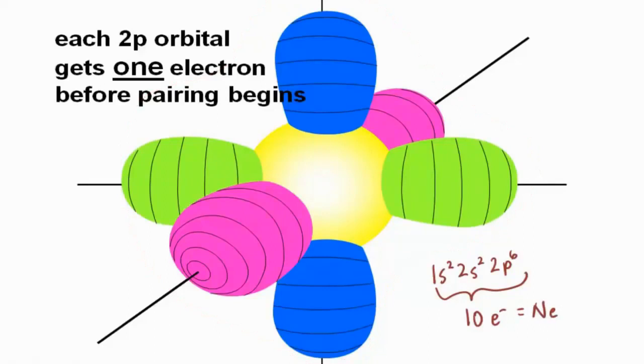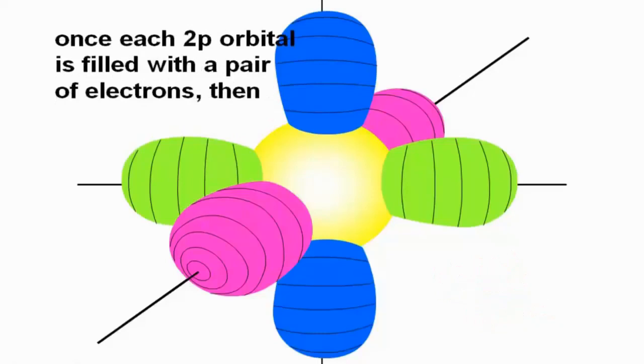So if all of these orbitals are filled up, that would be 10 electrons, and that would be neon. But what about sodium? Sodium has 11 electrons. Where would that 11th electron go? As you might have guessed, it would go in the next highest energy level, the next highest orbital, and that would be 3s.